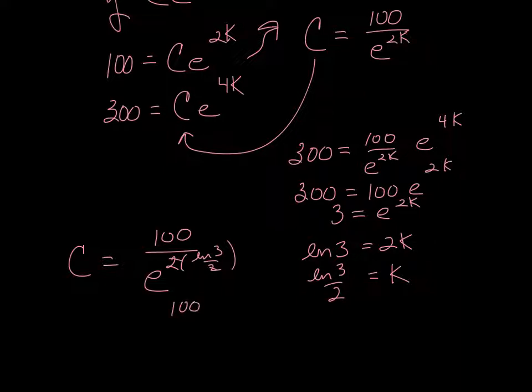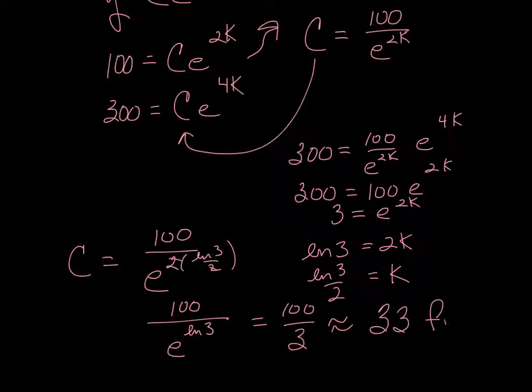So 100 divided by e to the natural log of 3. And e to the natural log of 3 is just what? 3. So we had approximately how many fruit flies? Like 33. So about 33 fruit flies.